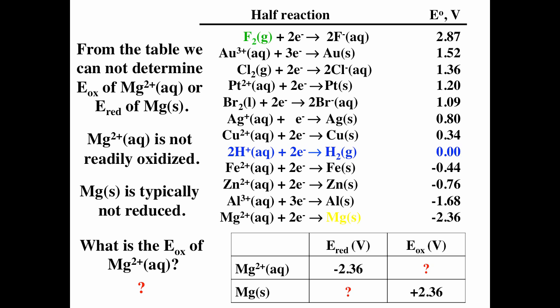Also notice that metals typically react by losing electrons, and so there's no reduction potential for the magnesium metal. Magnesium metal typically doesn't gain electrons. In terms of magnesium, the only things that we have are the reduction potential for magnesium ions and the oxidation potential for the magnesium metal.